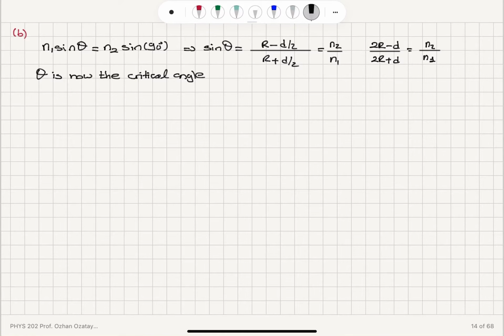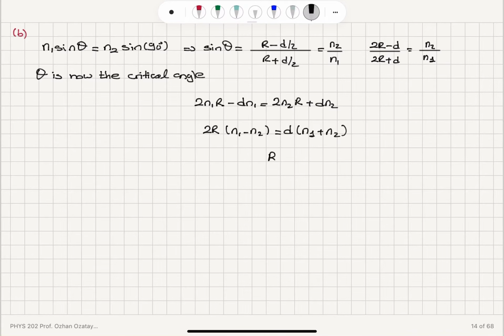So we find that 2 n1 R minus d n1 is equal to 2 n2 R plus d n2. Multiplying the inners and outers, in 2R parentheses I have n1 minus n2, equal to, in d parentheses, n1 plus n2 on the right hand side.